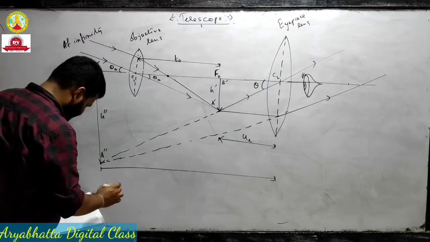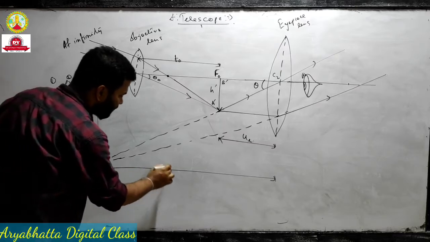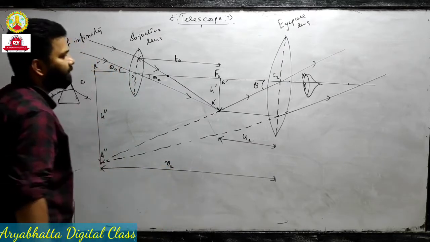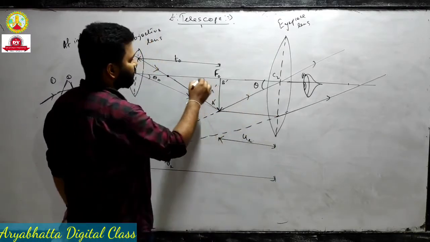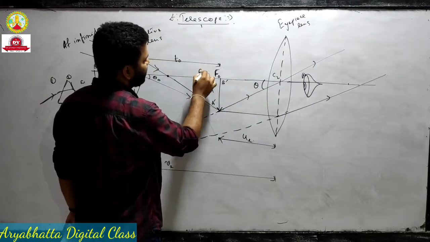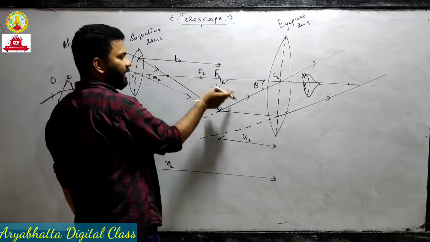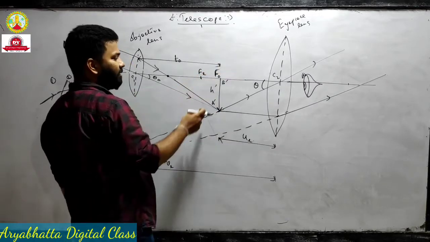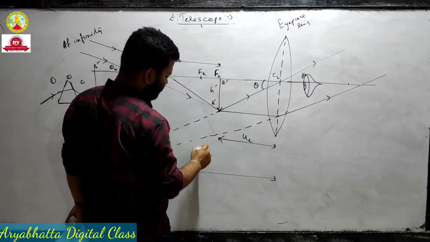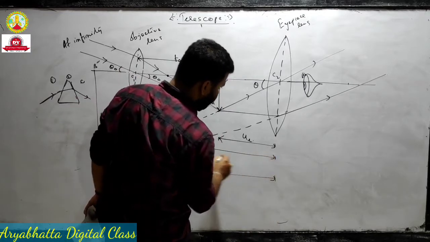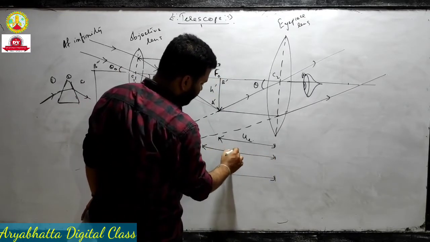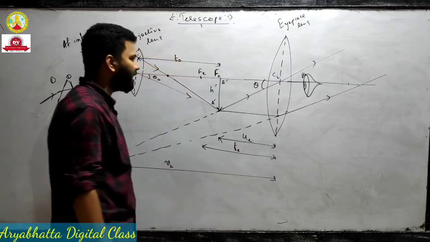for the eyepiece. Okay. Its focus is suppose somewhere at this one, this is FE, because this object must be within the focus of that lens, right? So this distance will be less than or equal to FE, meaning focal length of the eyepiece.